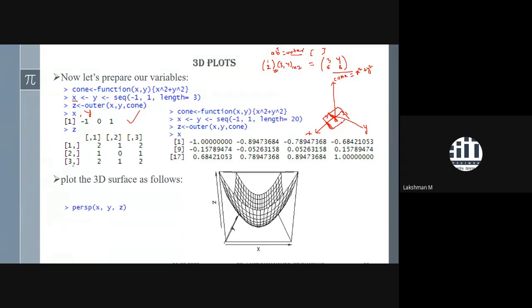You can observe this kind of structure. These points are the corresponding associations of x and y jointly. What is the meaning of this point? This point is talking about 0, 0. This one is talking about 1, 0, and 0, 1.